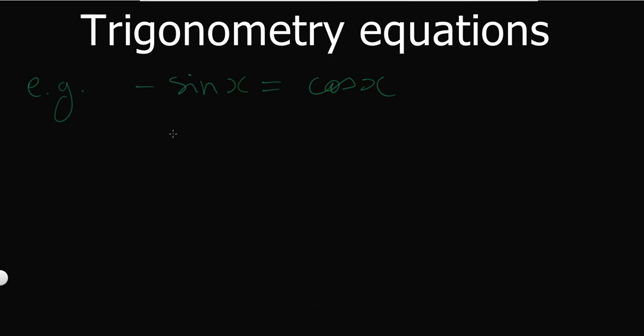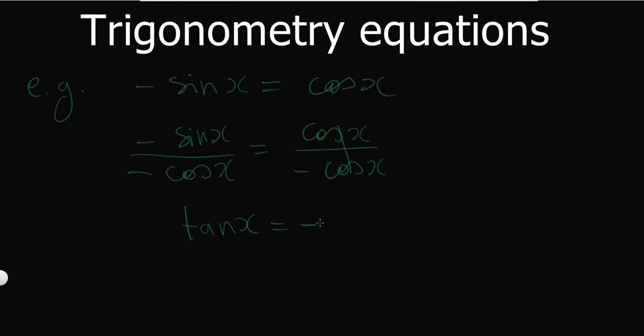So all you can do here is divide this side by minus cos, so you can cancel this, and then divide here also by minus cos. When you cancel, this will be tangent x, and this will be minus 1.